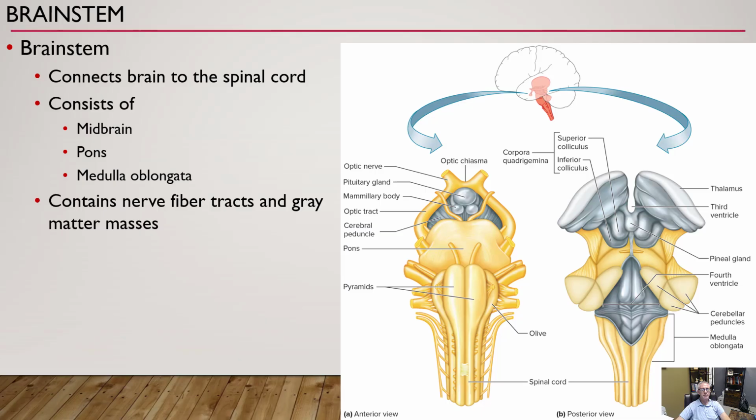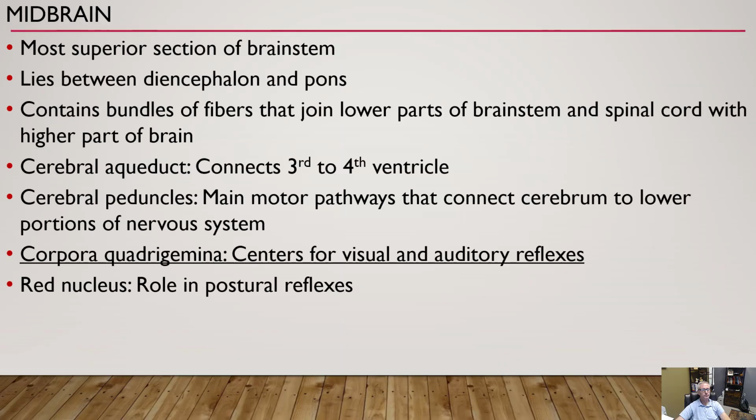All right, your brainstem connects the brain to the spinal cord. It consists of these three structures: your midbrain, pons, and medulla oblongata. Your midbrain is kind of like that topmost portion, or that superior portion of the brainstem.